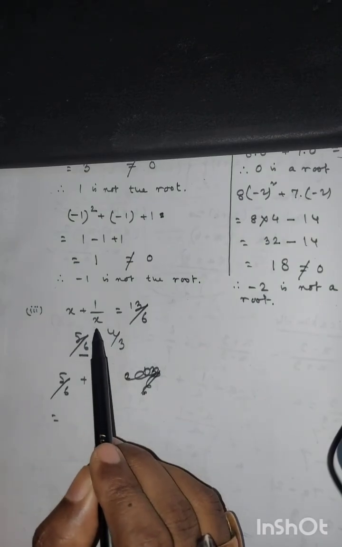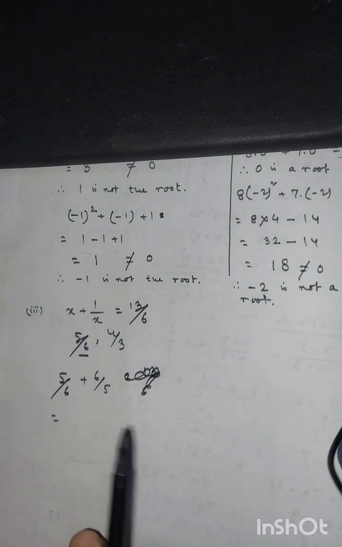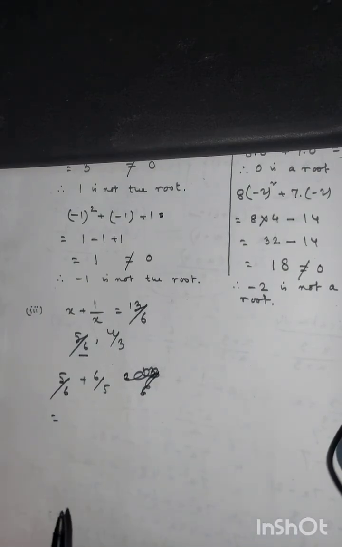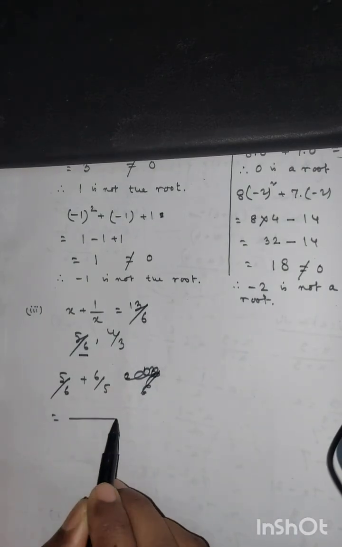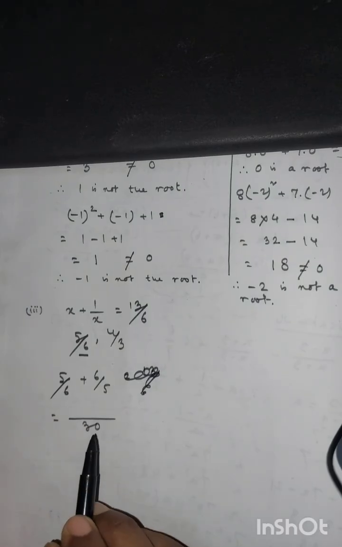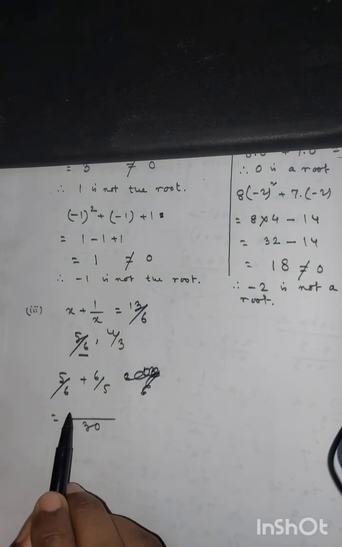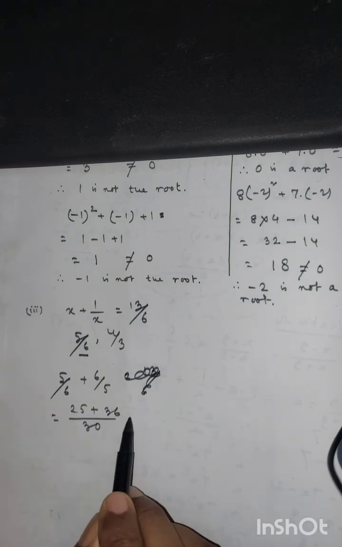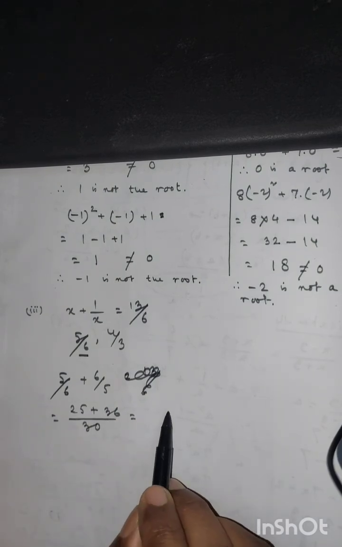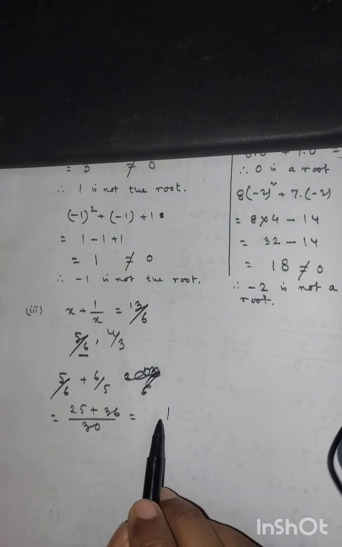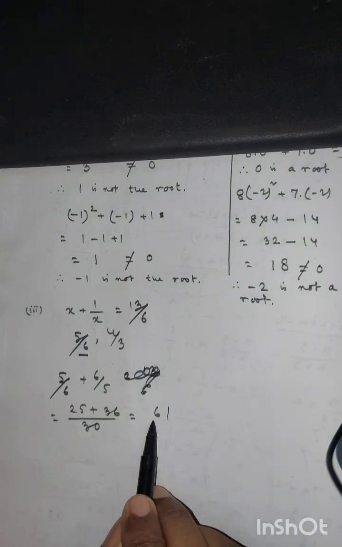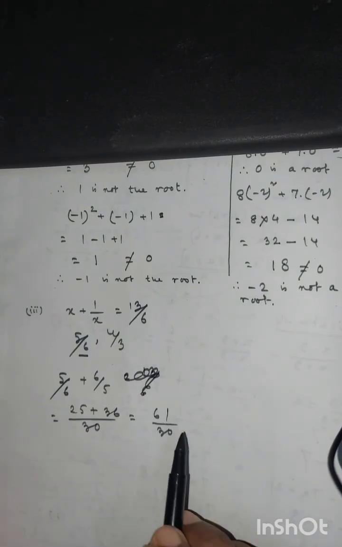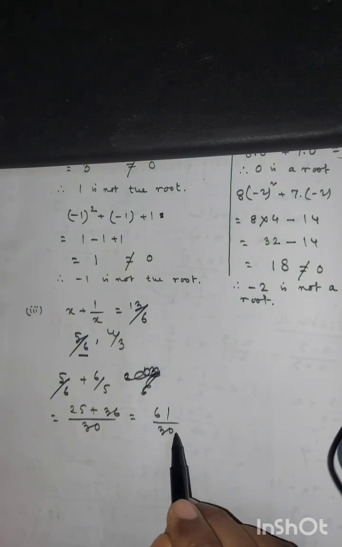One by 5/6 is equal to 6/5. Now if we find the LCM, we are getting 61/30.